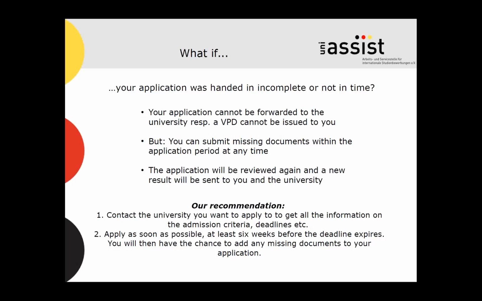Our recommendation is therefore: contact the university you want to apply to, get all the information on the admission criteria, deadlines, and so on. Please apply as soon as possible, at least 6 weeks before the deadline expires. You will then have the chance to add missing documents to your application.